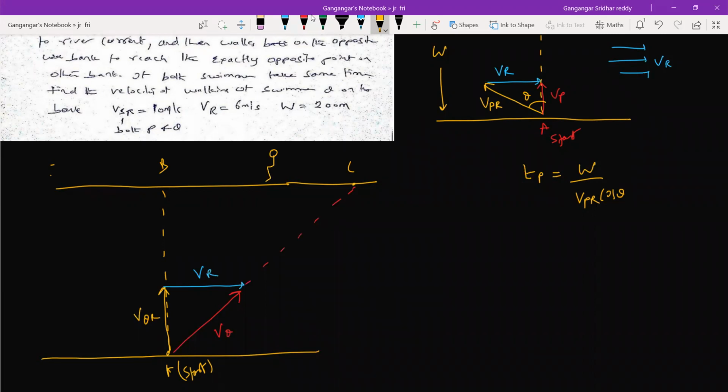Sir, could you show the question once, sir? The complete question. Yeah, wait. Let me finish off this. So you'll walk some distance. So there's a river current, and BR, there's a width.